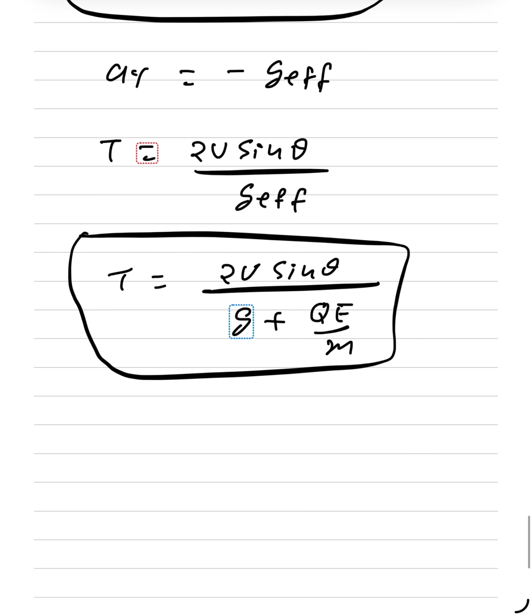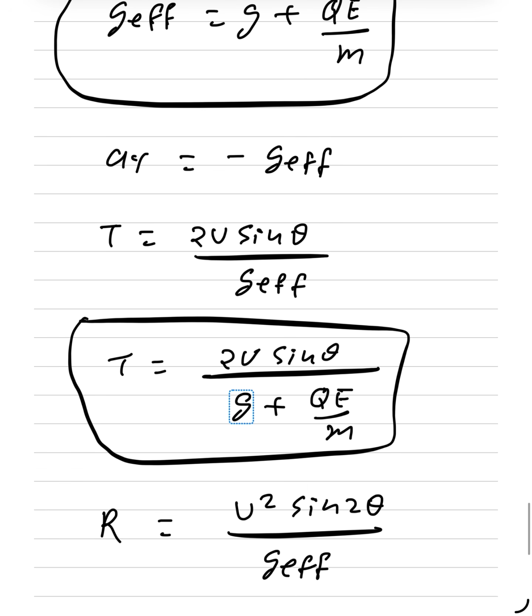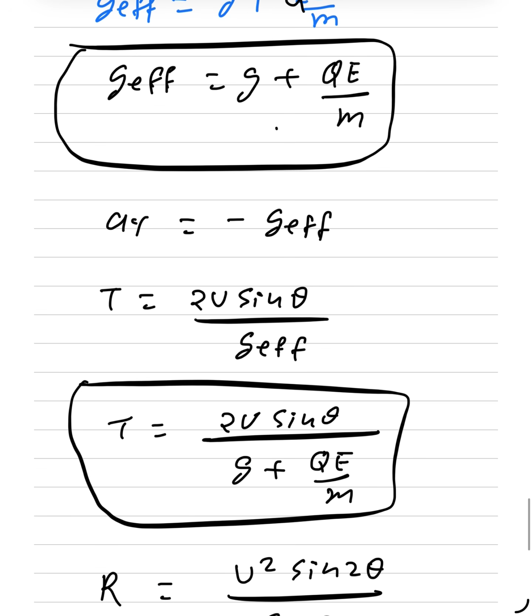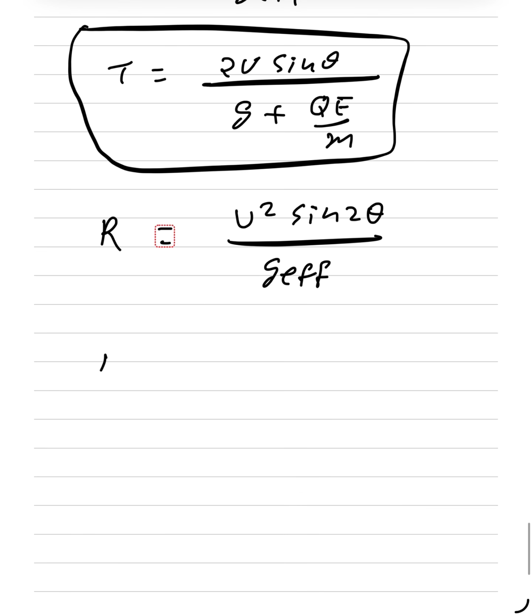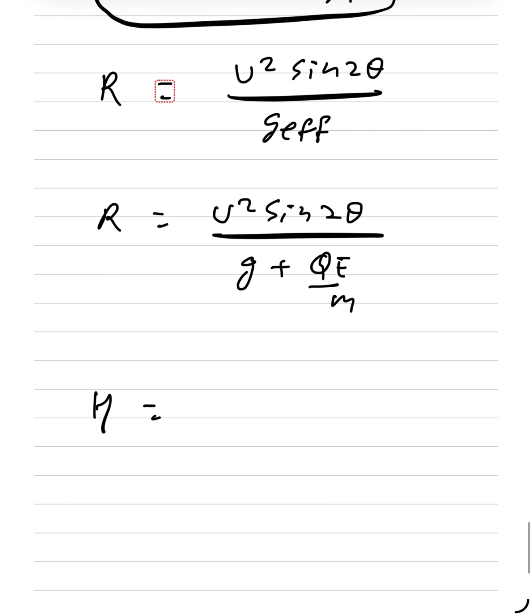This is an important result for the exams. For the range, u square sin 2 theta divided by g effective, so the range equals u square sin 2 theta divided by g plus QE divided by m.